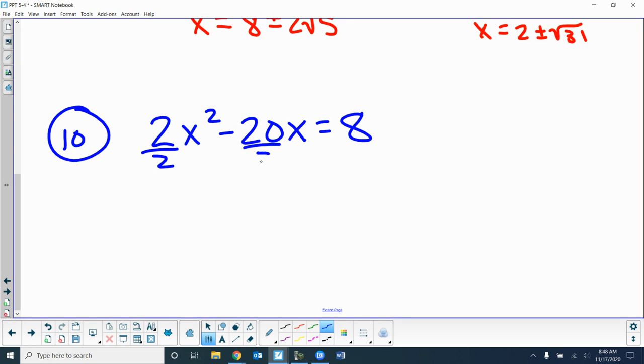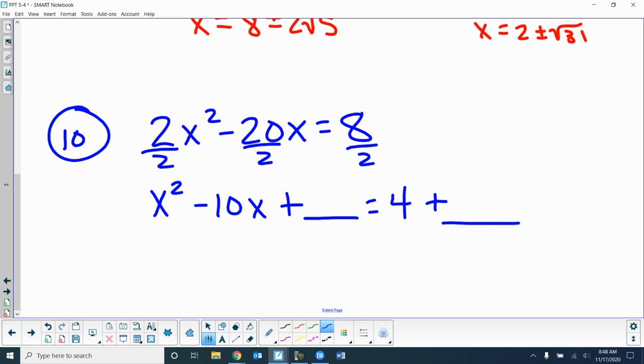Just divide everything by 2 so that we get a 1 in front of our x squared for our a value. And also, let's just add our blanks in there because we're going to do that anyway. Okay, so that's what we've got to remember on those. Some of us forgot about that. We've got to have this a value 1 to complete the square.